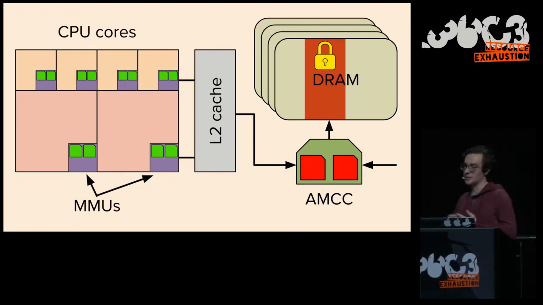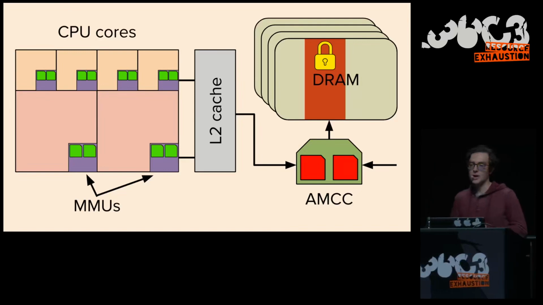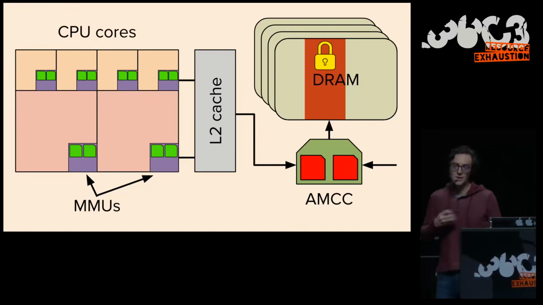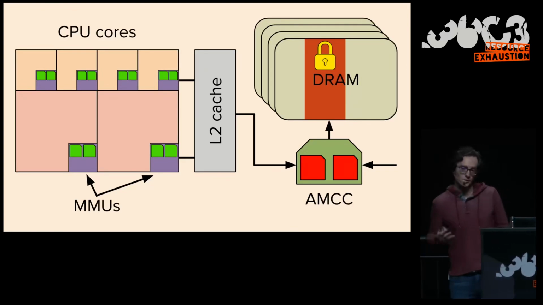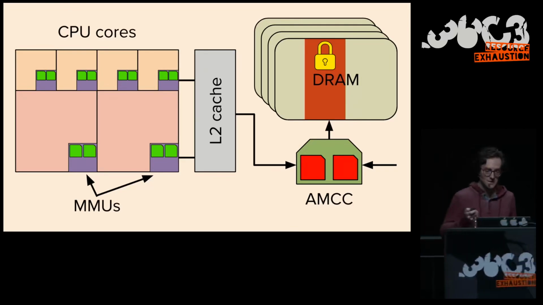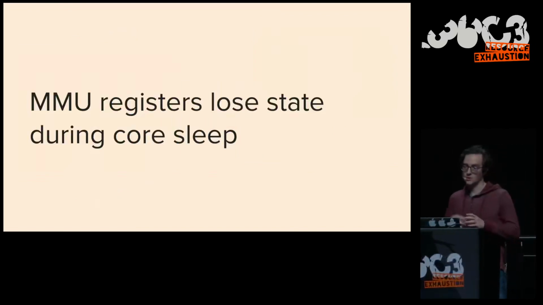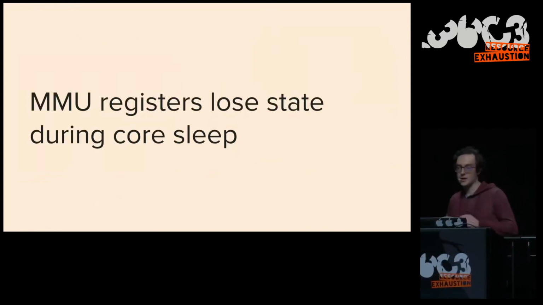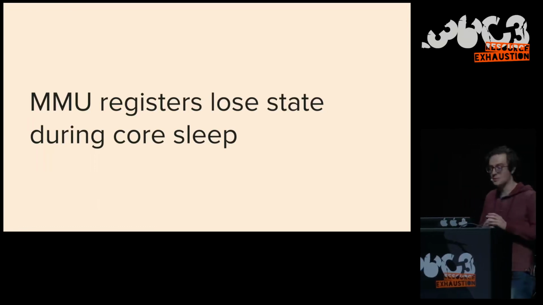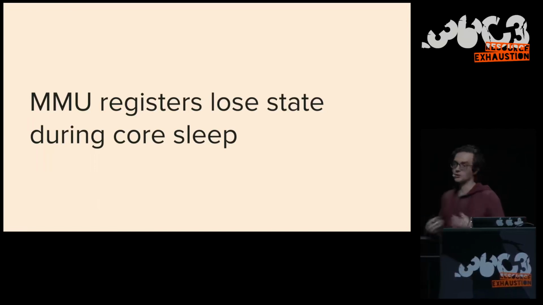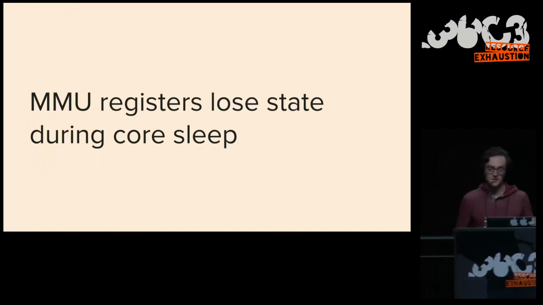So this is the picture of what the hardware looks like in order to support KTRR. But this isn't actually the complete story either, because there's one specific edge case that needs to be properly handled. And that's when a CPU core goes to sleep for a little bit and then wakes up, what's called resetting. Anytime a CPU core goes to sleep, it's going to power down registers, and in particular, the MMU registers which store the KTRR bounds are going to lose their value and be reset to 0.